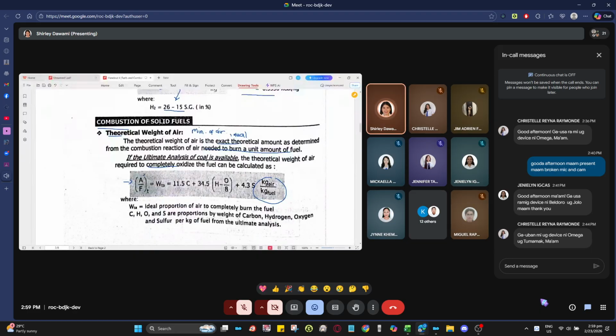Okay, so the air-fuel ratio or theoretical air-fuel ratio or WTA is equal to 11.5 C, or the carbon content of the fuel, plus 34.5 times H, or hydrogen, minus oxygen divided by 8, plus 4.3 times the sulfur content. Okay, so the air-fuel ratio is in kilogram air per kilogram of fuel.